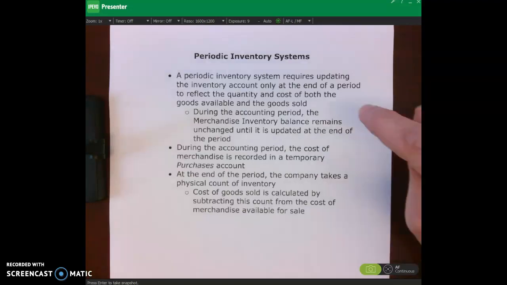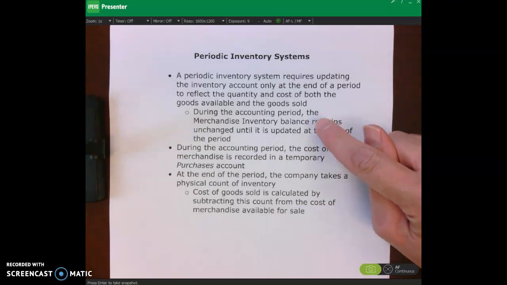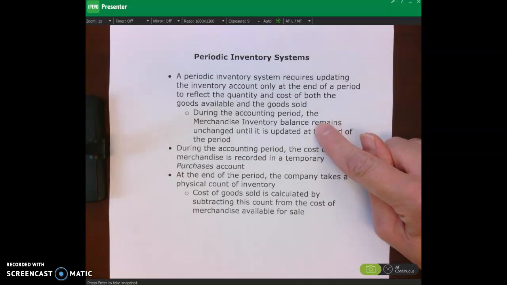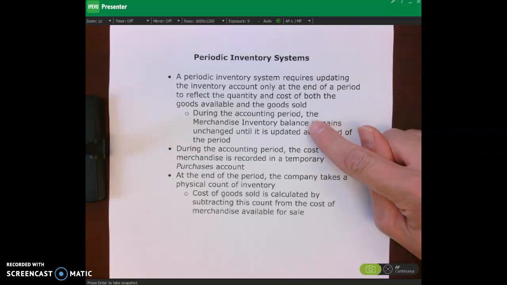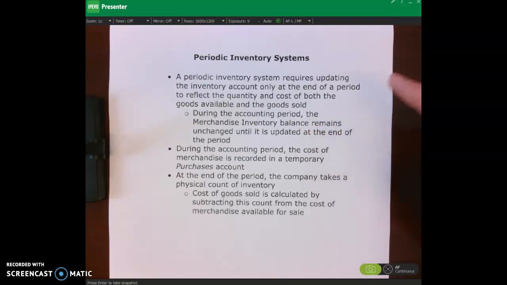During the accounting period, because it's not perpetually updated all the time, the merchandise inventory balance remains unchanged unless we purchase merchandise inventory. When we make a sale, we don't debit cost of goods sold and credit merchandise inventory.